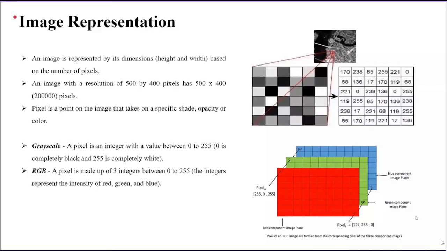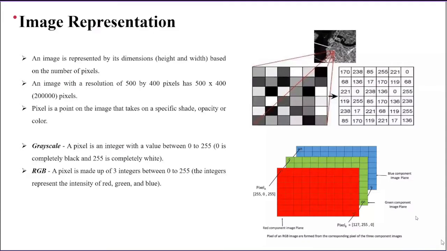In a grayscale image, each pixel will have a number between 0 to 255. And the number of channels in a grayscale image is only one, which means it is only a two-dimensional array.